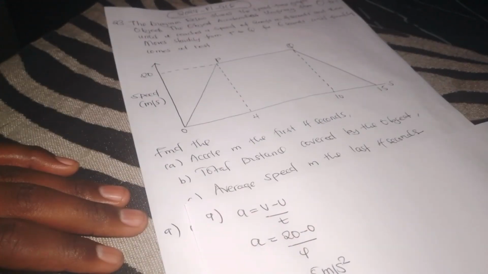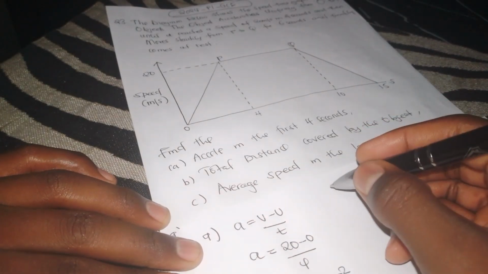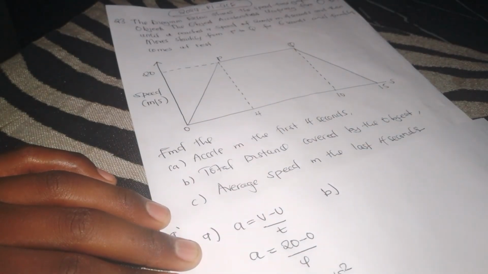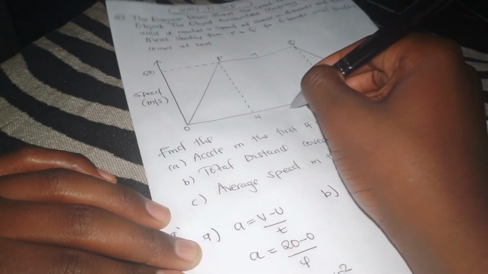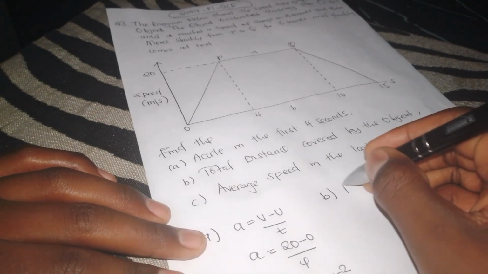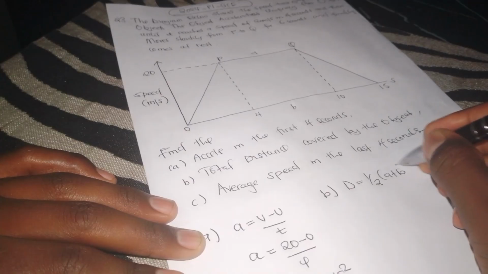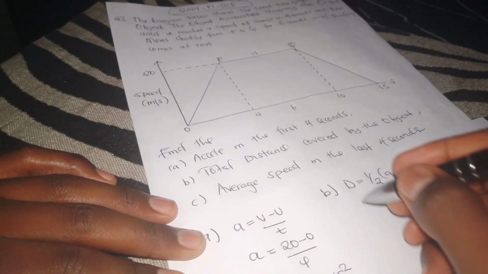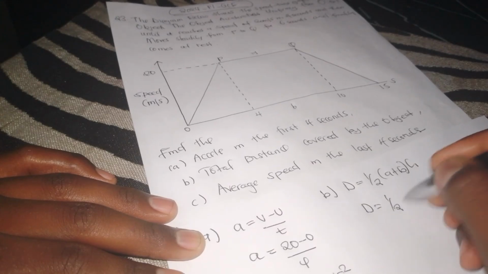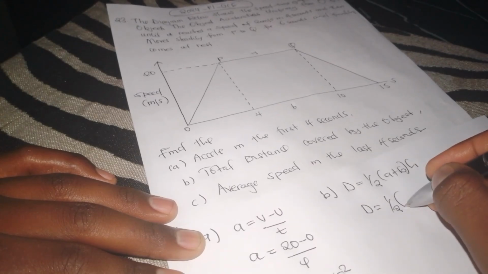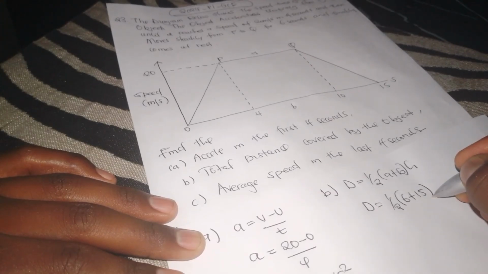Simple. B is saying find the total distance covered by the object. So this is the trapezium. So we have the A, also have the B. So we're just going to say distance is equal to 1 over 2 A plus B times height. Then distance is equal to, our A is 10 minus 4 is 6, our B is 15, our height is 20.